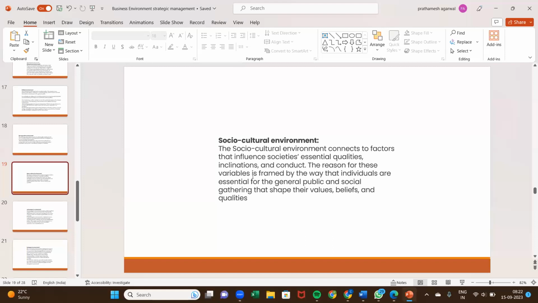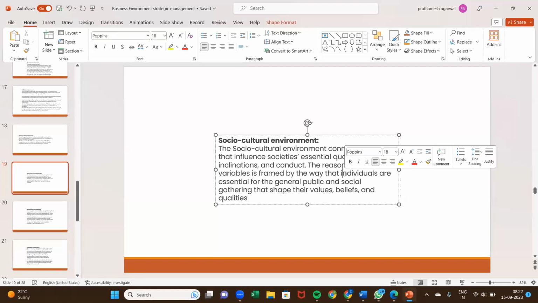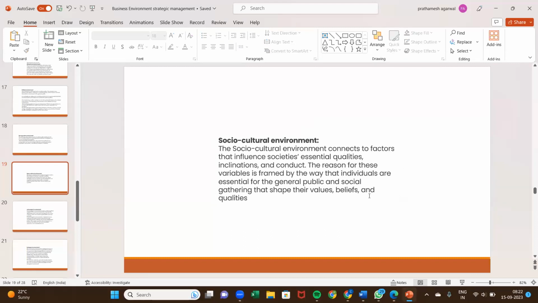So the reason for these variables is framed by the way that the individuals are essential for the general public and social gathering that shape their values. Now, in which group you belong, your thinking pattern, your values and beliefs and your qualities will get generated or will get shaped in that way.